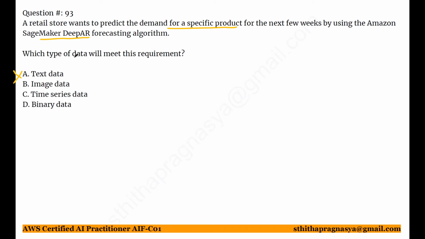Image data, how about that? Image data is used for computer vision tasks such as object detection or classification. Forecasting algorithms like DeepAR are not designed to process image data for time-dependent predictions like demand forecasting. So this is also not correct. How about time series?